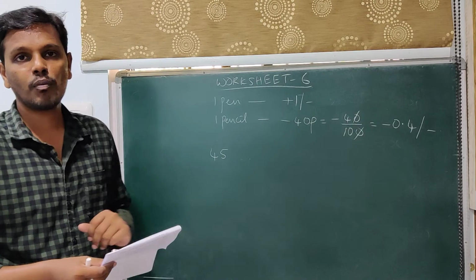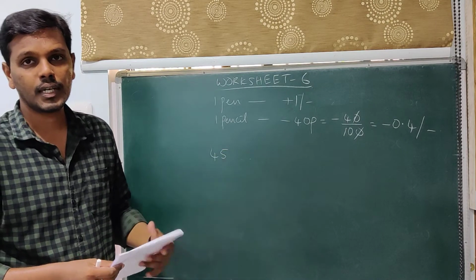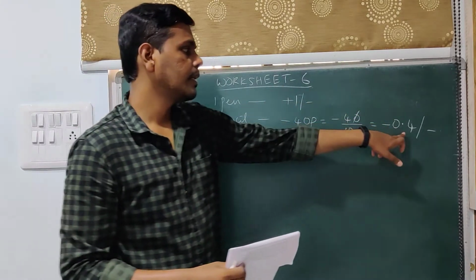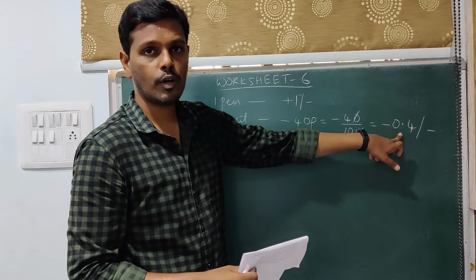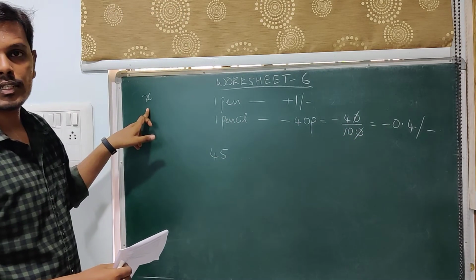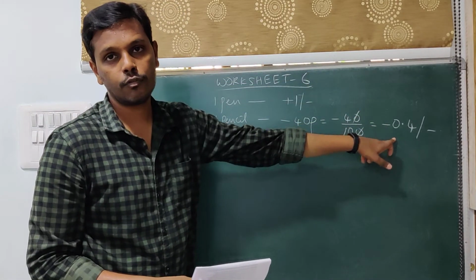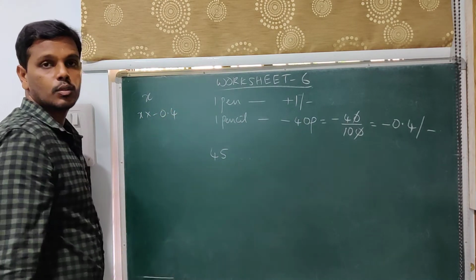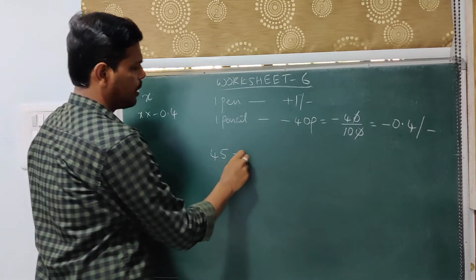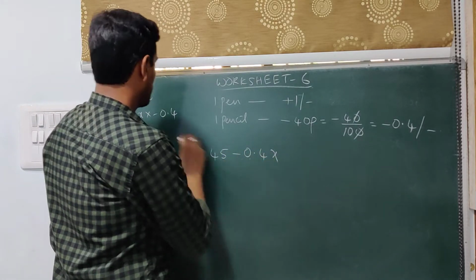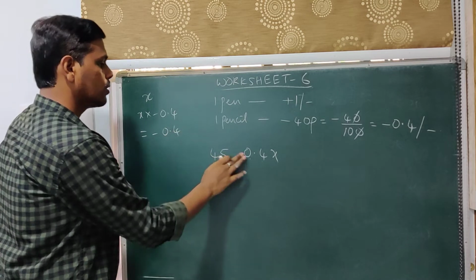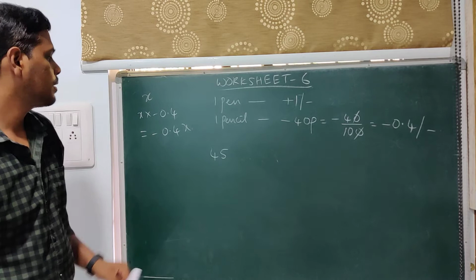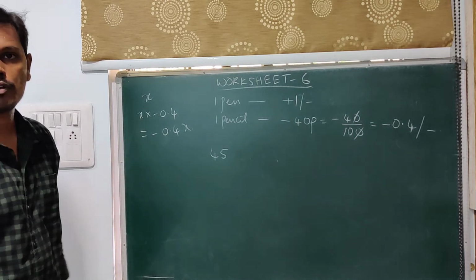Let us assume the number of pencils she sold in that period be X. On one pencil, she gets minus 0.4, and on X pencils, it is X into minus 0.4, which is minus 0.4x.